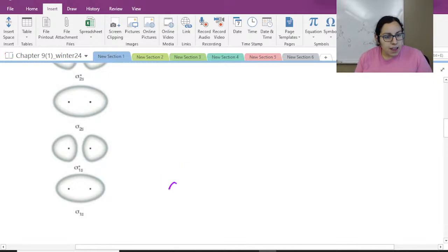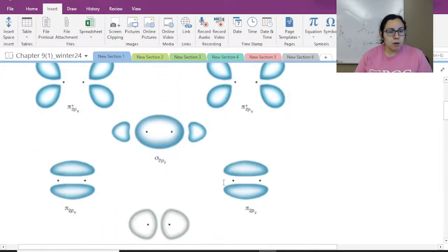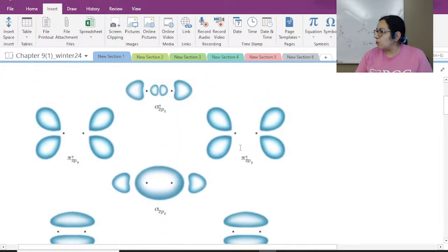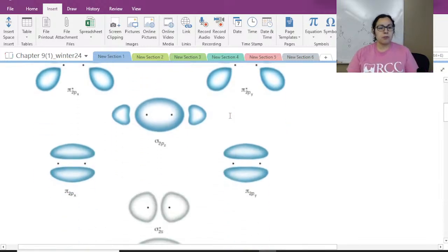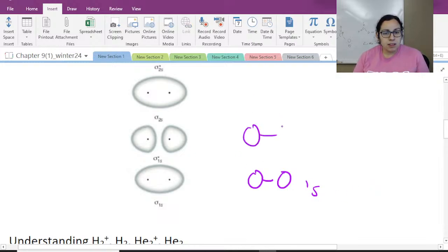This is our 1s bonding orbital. This is H2 molecular orbitals, except they went and showed all your other possibilities for our p orbitals. So let's look at that. This is the 1s. This is the anti-bonding, 1s out of phase combination.